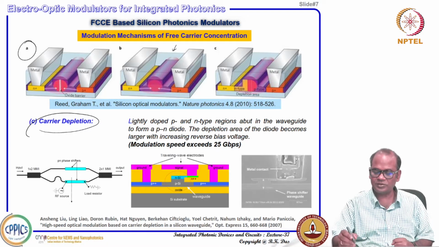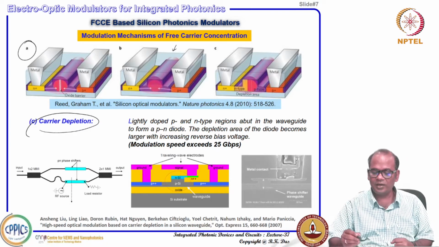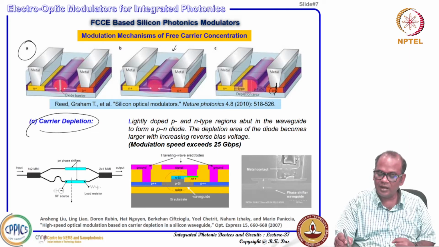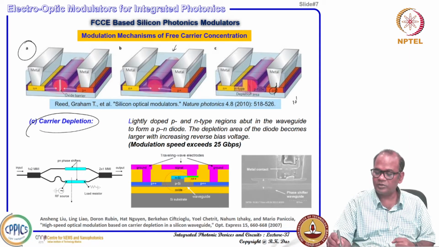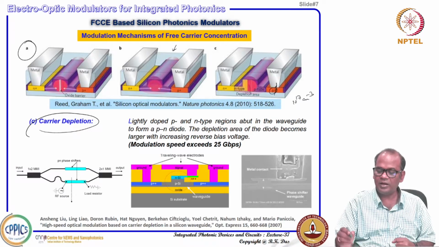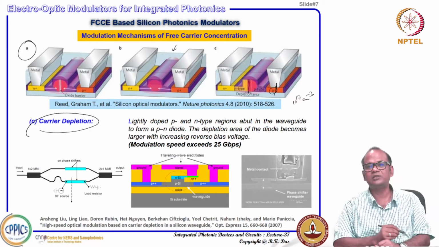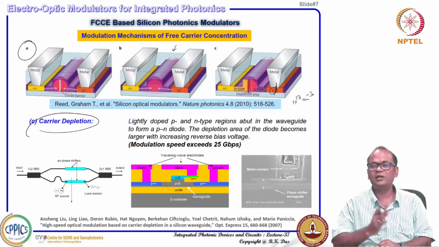Another type of structure is that you directly make a PN junction. This is heavily doped P plus for contact purposes, and then lightly doped P in the order of 10 to the power 17 per cubic centimeter, and another half N type. So you have a semiconductor diode junction, just vertical to the waveguide cross section.